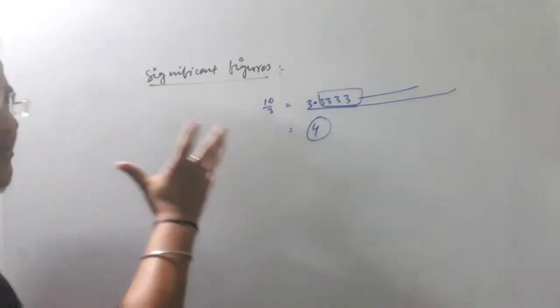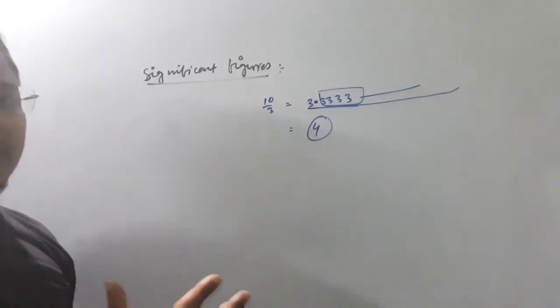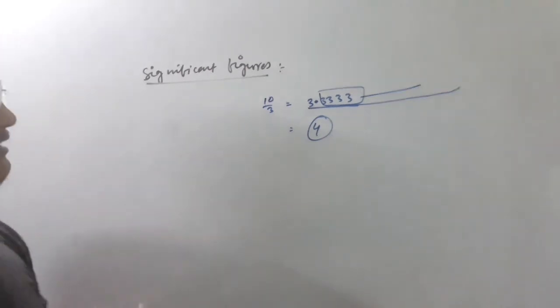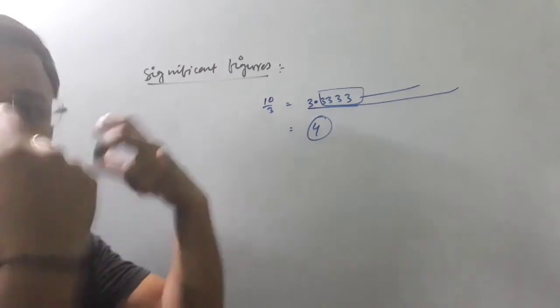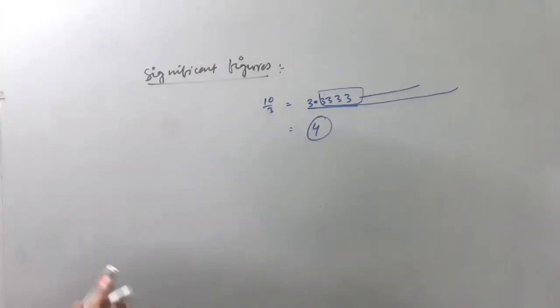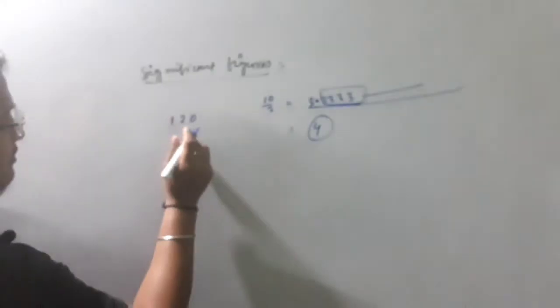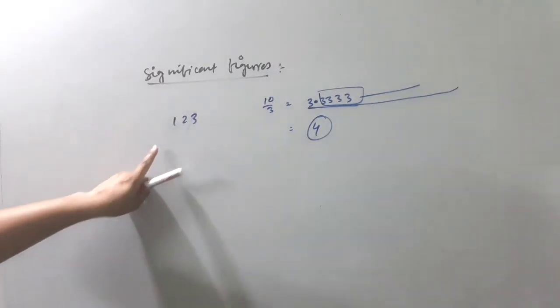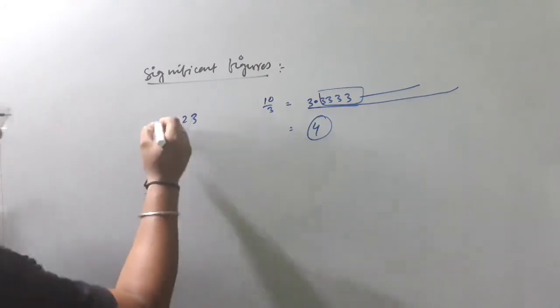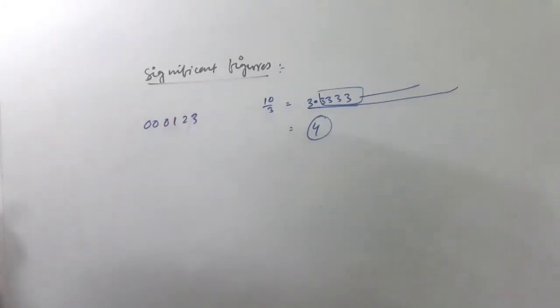That means the numbers which have some certain meaning. Those numbers are what we call significant figures. Now look here. If I say 120, or 123, right? When I am writing 123, but if I write 2 or 3 zeros before this one, does it make any sense?